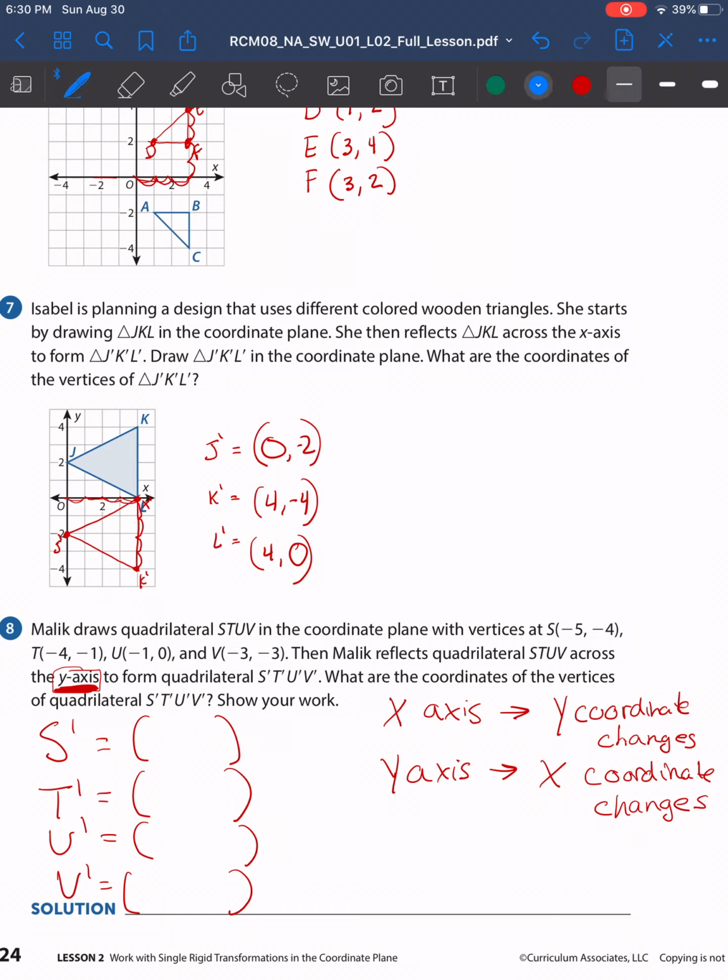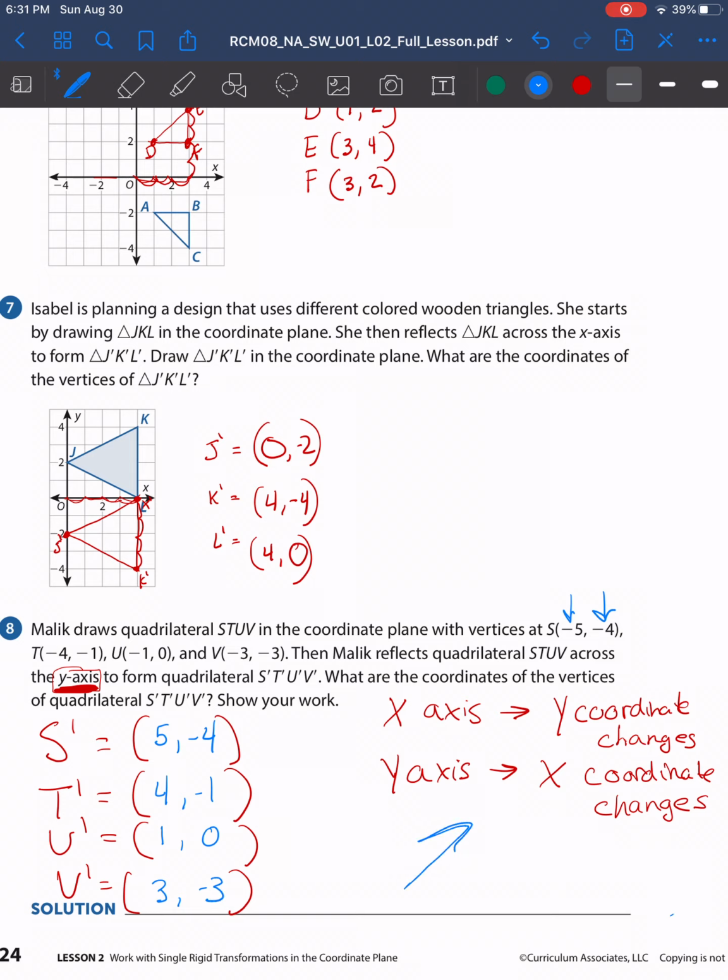So, for example, original S was -5, -4. That means if the x-coordinate changes to its opposite, it's going to be +5, -4. Remember, this guy stays the same. This guy changes to its opposite, okay? So then T would be +4, -1. U would be +1, 0. And V would be +3, -3.